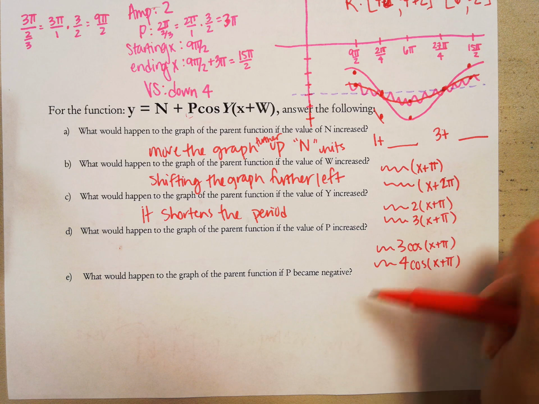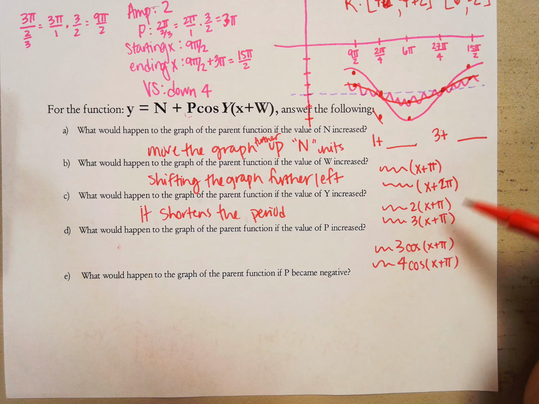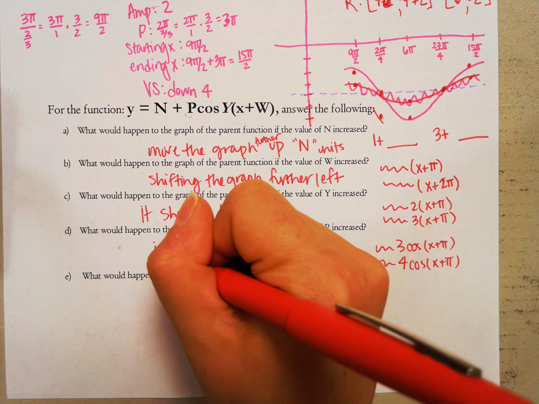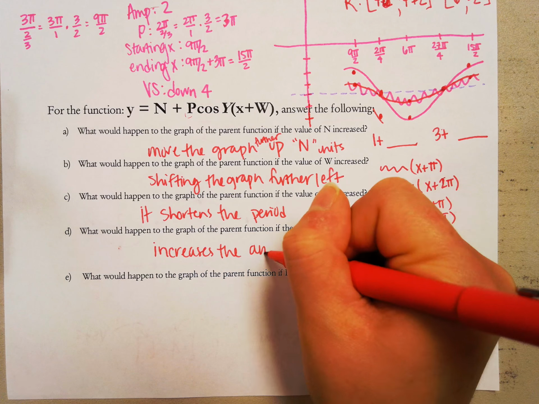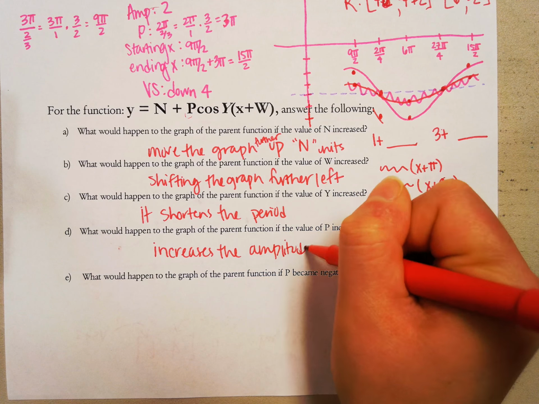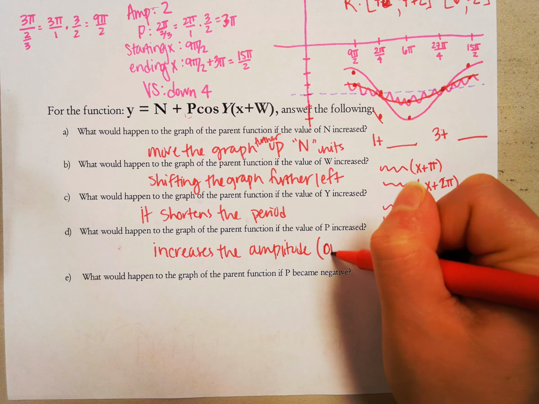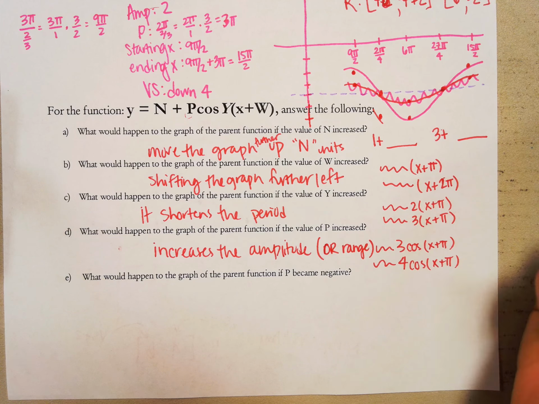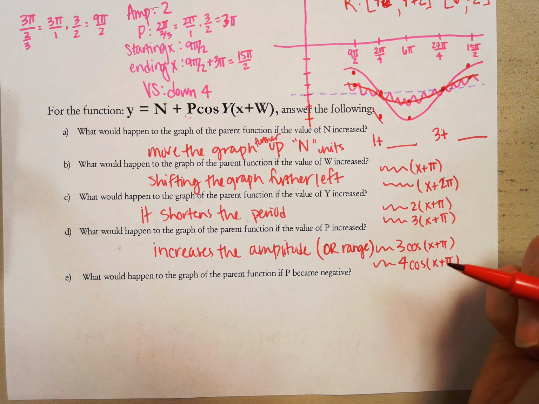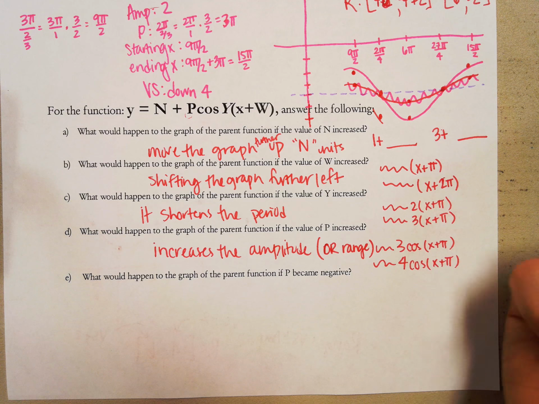So what that does is it makes our graph get taller, so this increases the amplitude, and I'm going to say it also increases the range, because the amplitude does affect what our range of our sine and cosine graphs can actually encompass.